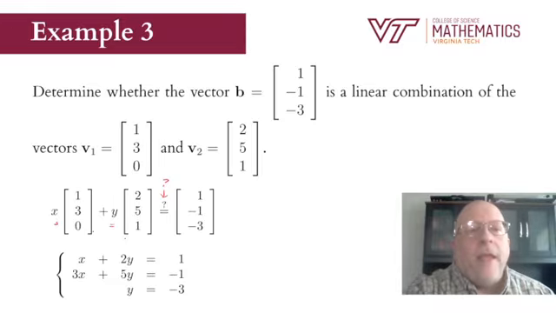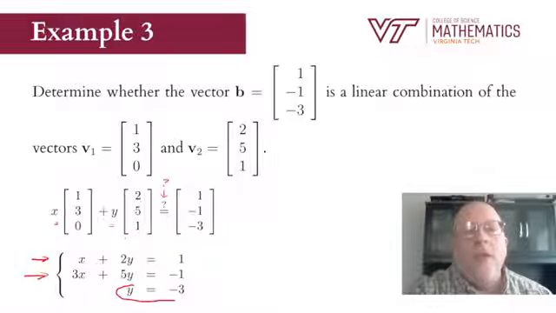Well, I can rewrite this linear combination by just writing out each row. The top row says x times 1 plus y times 2 equals 1. That's this equation here. The second equation says 3x plus 5y equals negative 1. That's that equation there. And then the bottom equation just says that y is equal to negative 3.